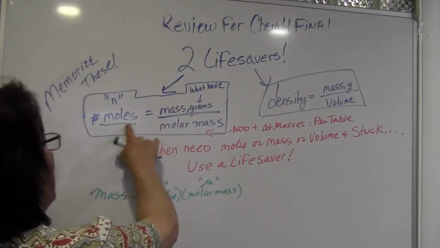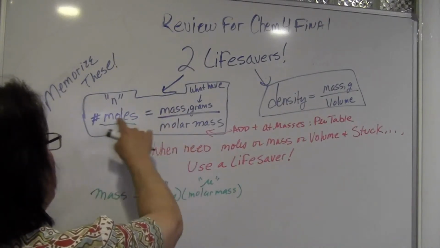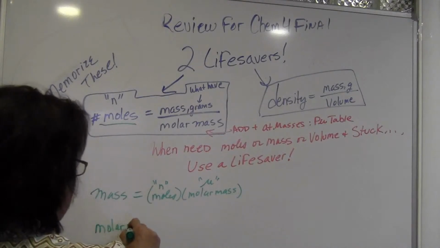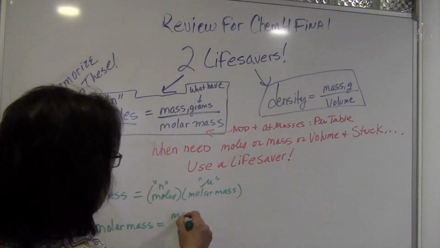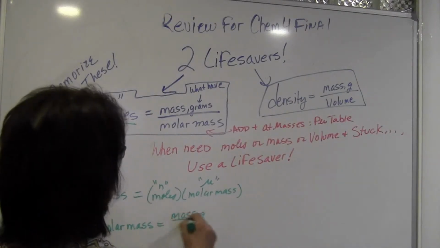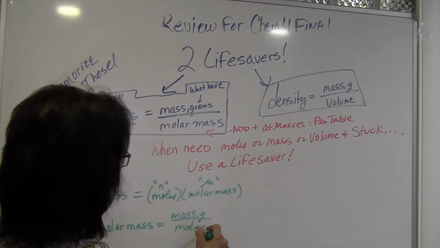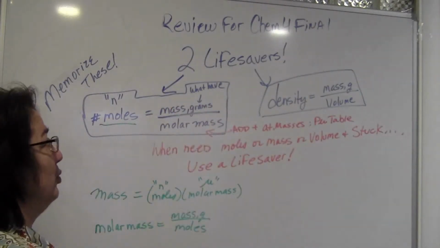We could use moles equals mass over molar mass, mass equals moles times molar mass, and we can even rearrange it to say molar mass equals mass in grams divided by moles. Very versatile equation. That's lifesaver number 1.